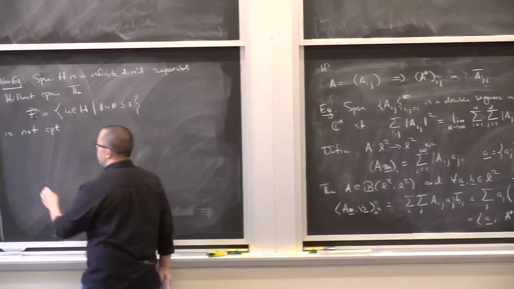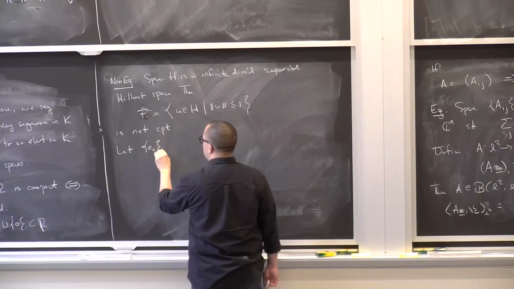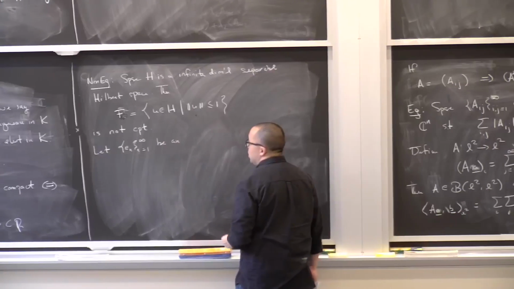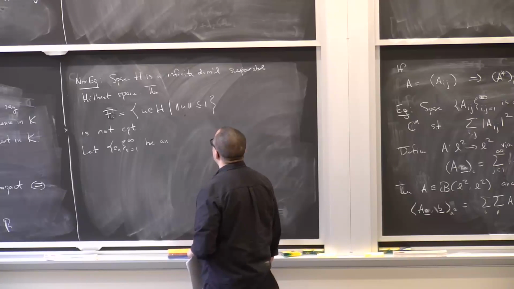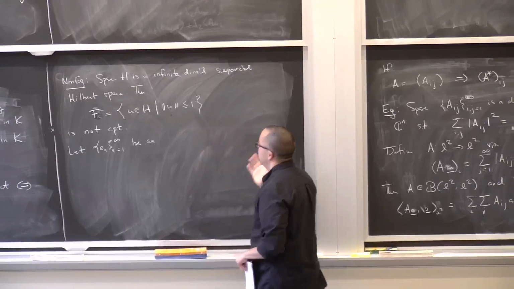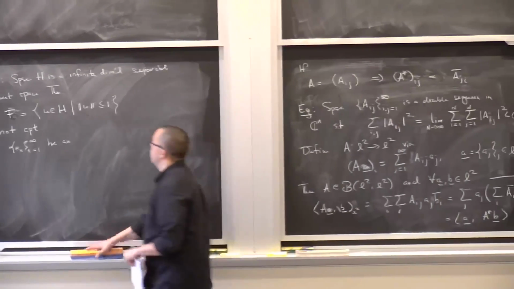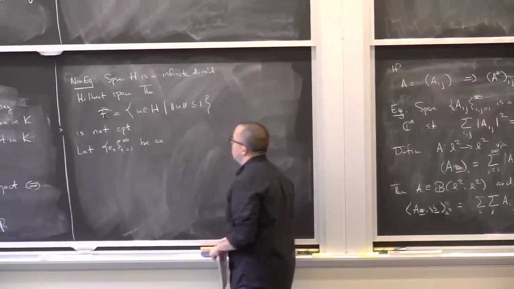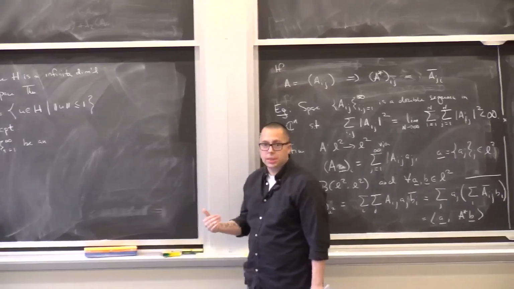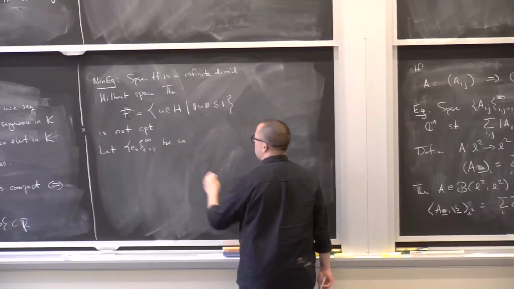So why is this? Let e_n, n equals 1 to infinity, be an orthonormal sequence. It doesn't have to be separable. In fact, if you just take any infinite dimensional Hilbert space, we don't even need to make it separable, you can always find a countably infinite orthonormal subset of H. In the separable case, we could choose it so that it's an orthonormal basis, but that really doesn't matter.